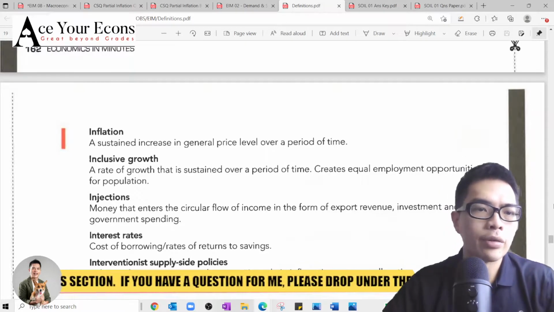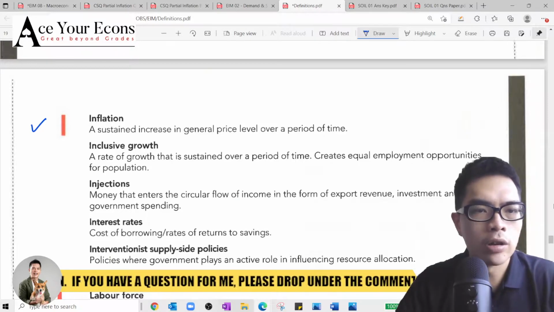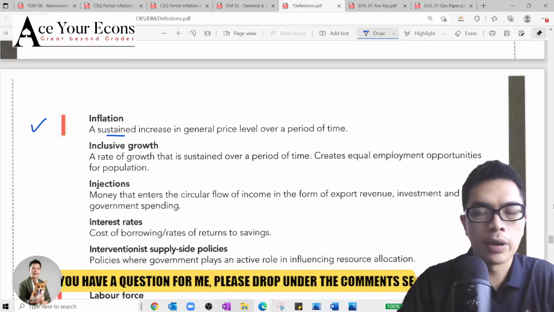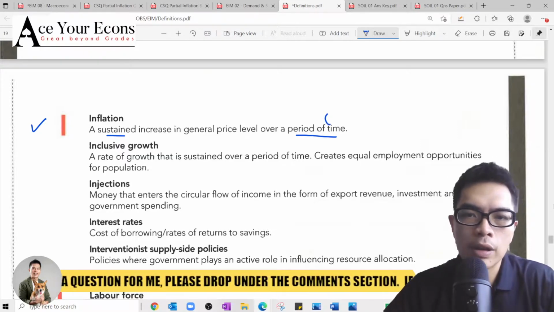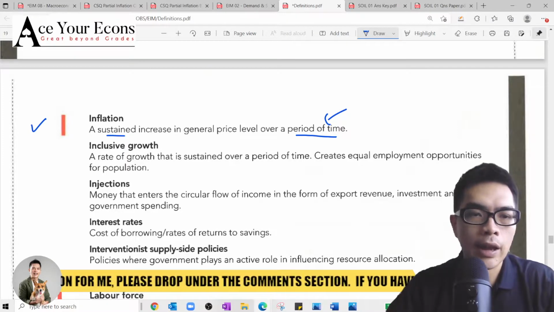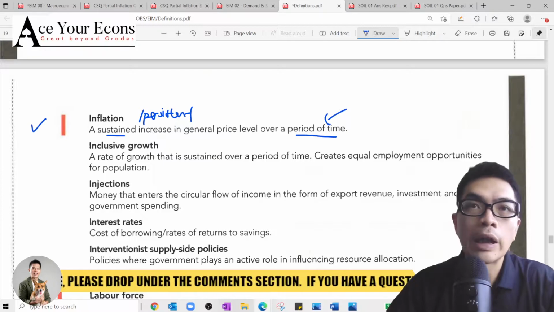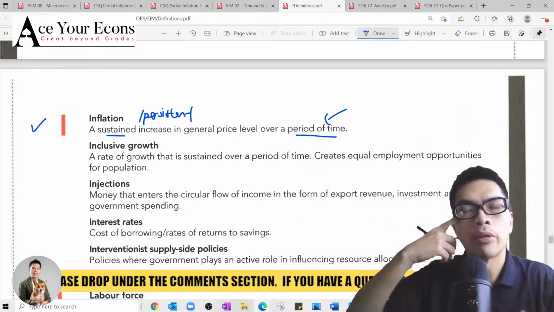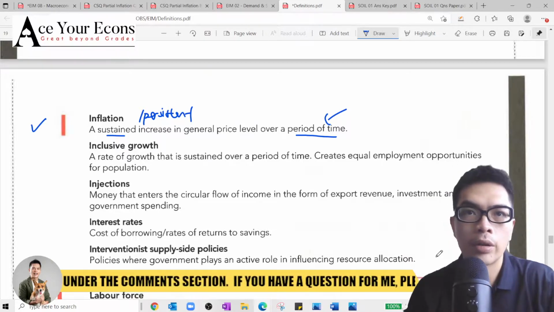Inflation: your definition for inflation has to be a sustained increase in your GPL over a given time period. Most students often miss out on this, over a given time period. Sustained or persistent is used interchangeably. If you just put increase in general price level, some of the schools will mark you wrong. So make sure you include these two words in your definition.